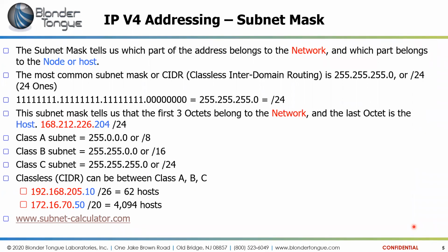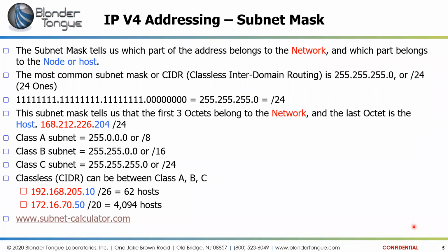There is also what we call classless, CIDR, classless interdomain routing, which can be between class A, B, and C. So a /26 would wind up with a fewer number of hosts than a class C. It has 62 hosts. A /20 would have fewer hosts than a class C.